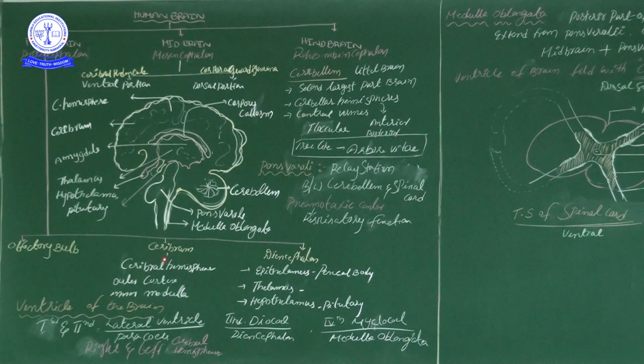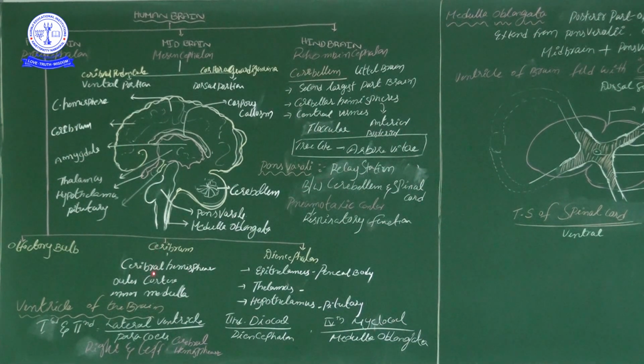Then the cerebrum, a major part of our brain, is divided into 2 lateral halves, which we call the cerebral hemispheres.